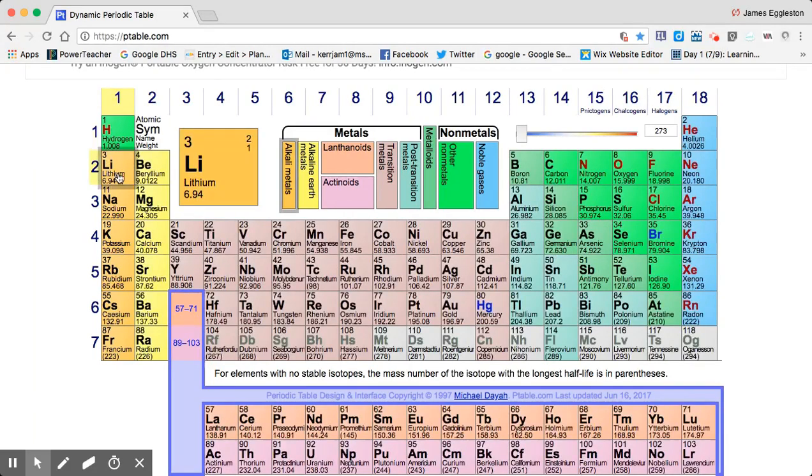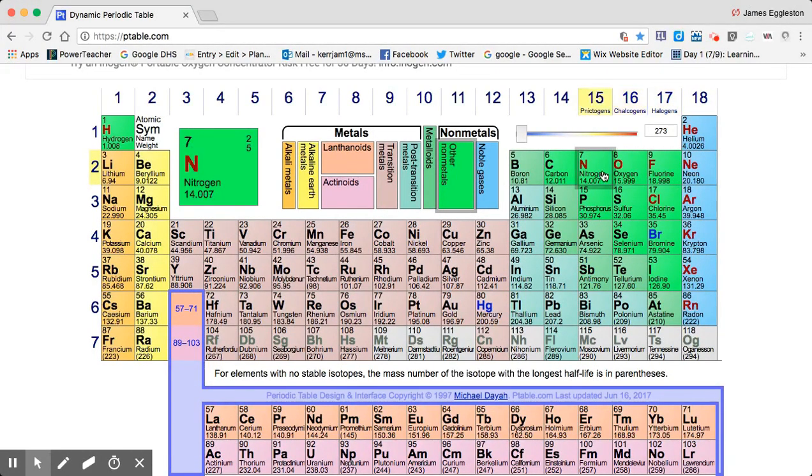Now back to lithium. If we start going across the table, remember across the table is called a period. It's also called a row. As we go across the period, we have beryllium, which is atomic number 4, and keep going to boron, carbon, nitrogen, oxygen, fluorine, and finally neon.